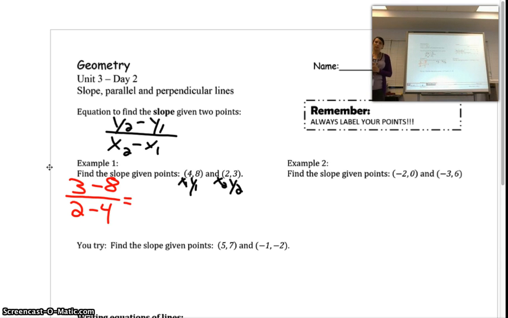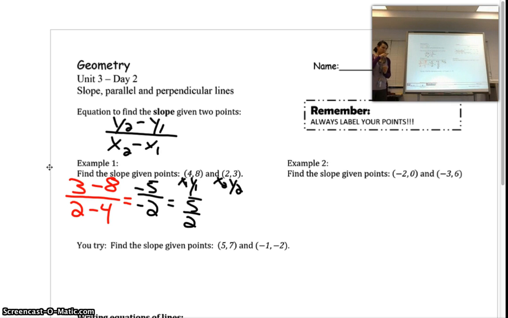Now you should use your calculator because I know how you guys are about integers, so let's use the calculators and not try to do it in our heads. You should do the top and then the bottom, separately. So you should get negative 5 over negative 2, and that will end up being positive 5 over 2.